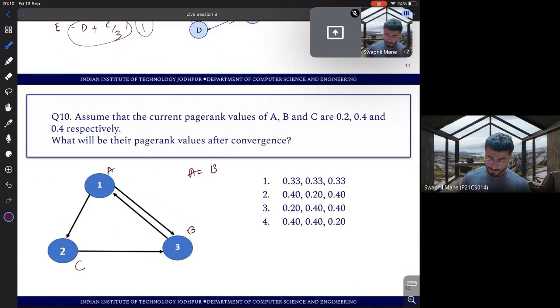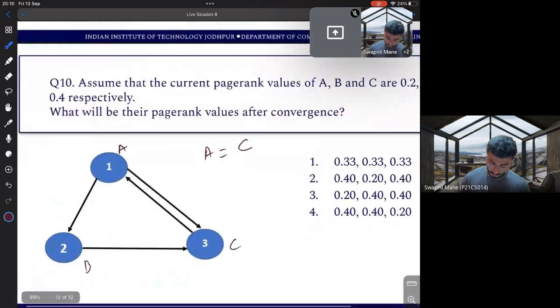So let's move to the second, oh, sorry. So this nomenclature is B, C. A is getting whole C, right? Then B is calculated from A, but you can see A has two outgoing edges. So the whole contribution of A is equally divided between these two outgoing edges, meaning 1 by 2 here, 1 by 2 here.